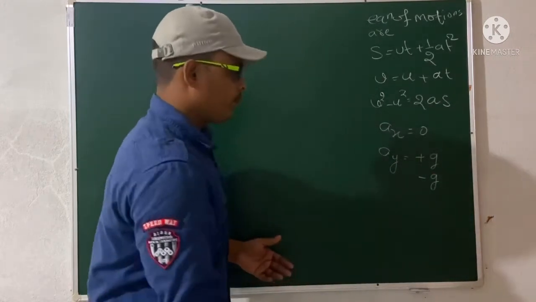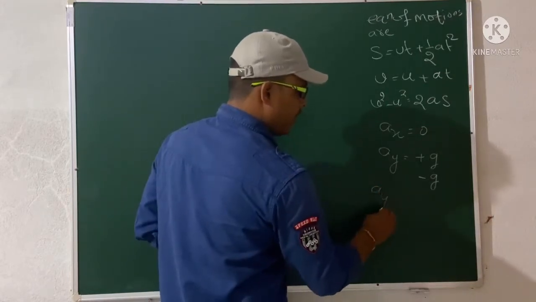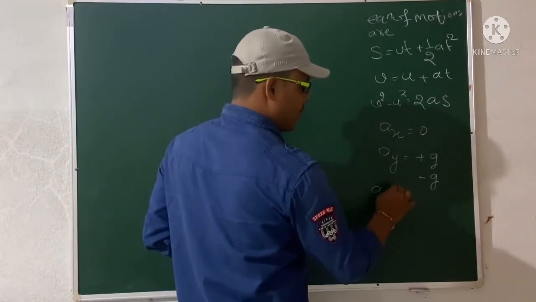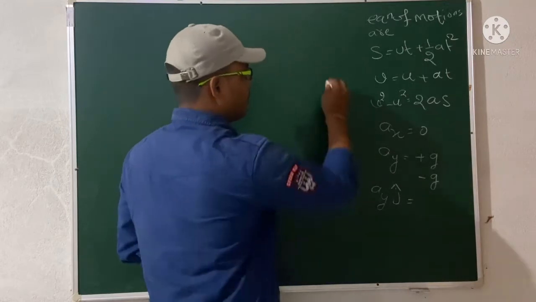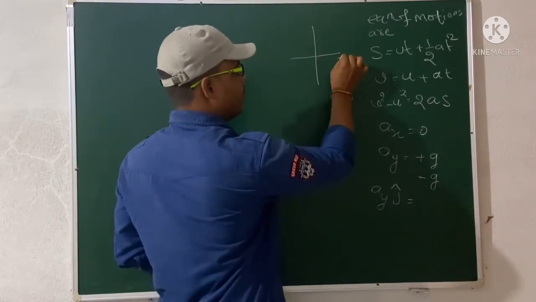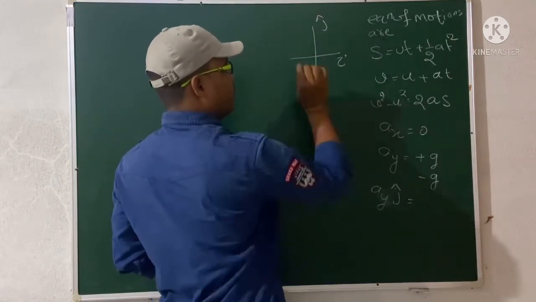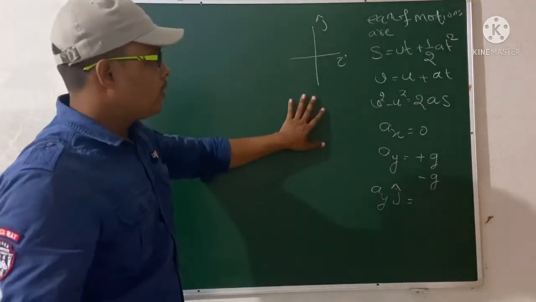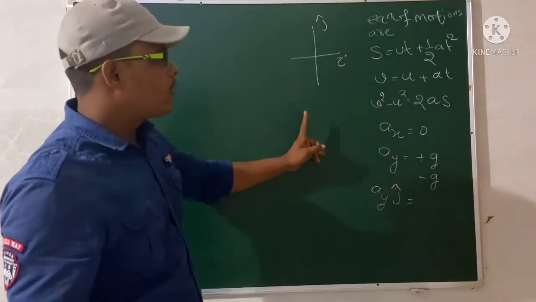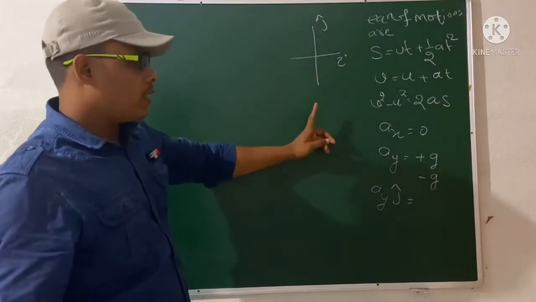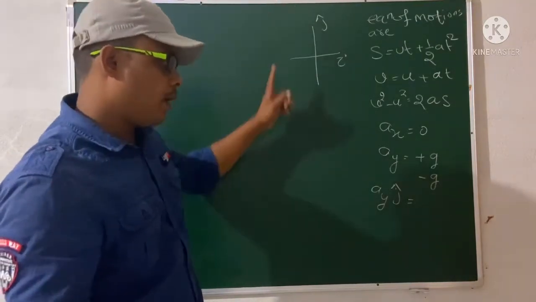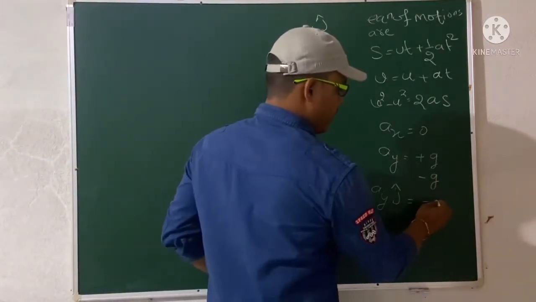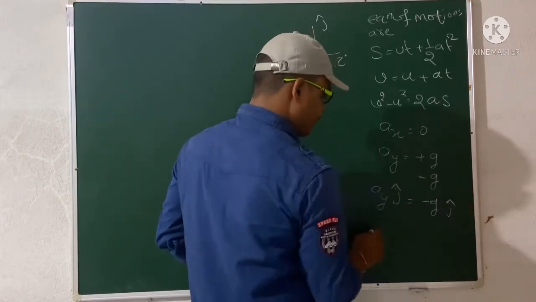That means if we are considering the j cap, this is i cap and this is j cap, it is moving upward. If you are considering j cap, moving upward, then your ay will be minus g j cap.